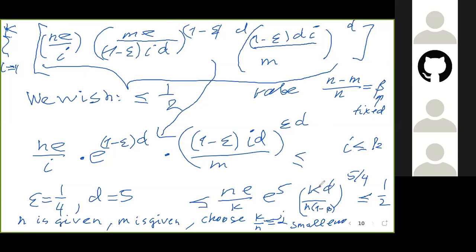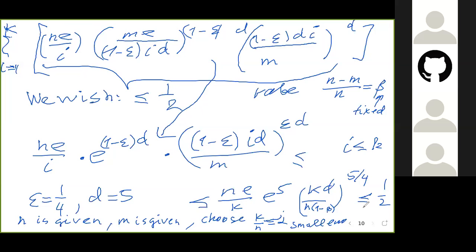And you see that as a function of k over n, this value increases when k over n increases, because we have here k over n to the power of -1 and here to the power of 5/4. So as a function of k over n, this is some constant raised to the power of 1/4. And so if we choose alpha small enough, this will become less than 1/2.